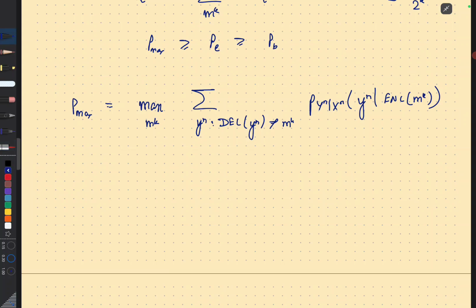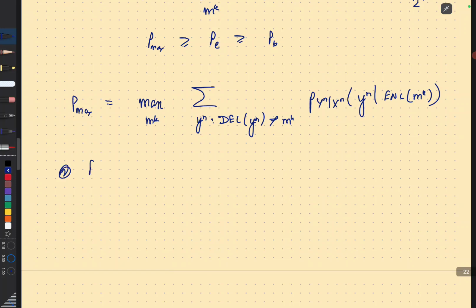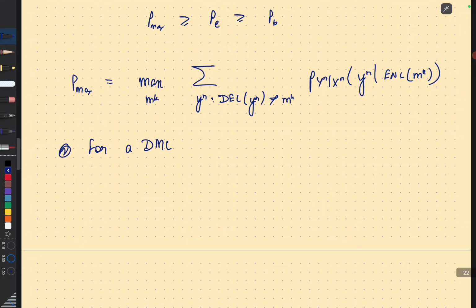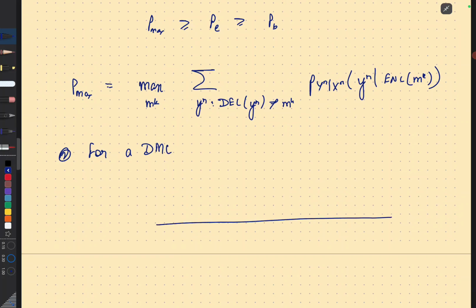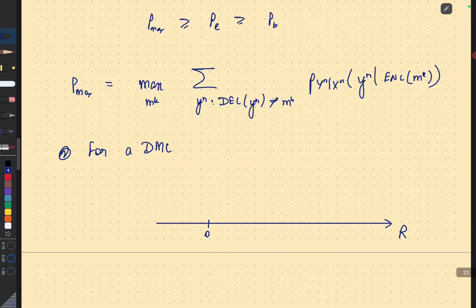Okay. So, for a discrete memoryless channel, let's try to look at the asymptotic probability of error for the best code of a given rate. Basically, let's increase the rate from 0. What is the maximum possible rate of transmission I can have for a given channel?